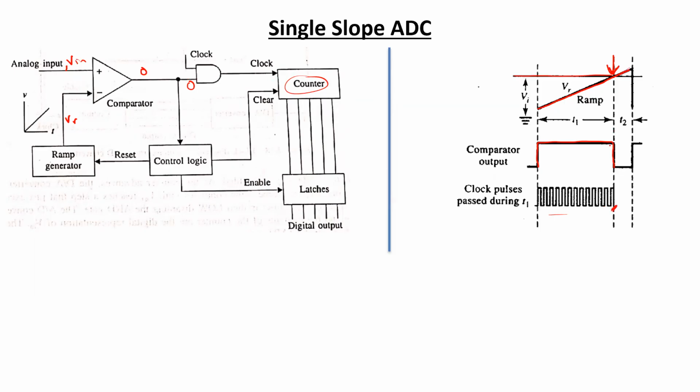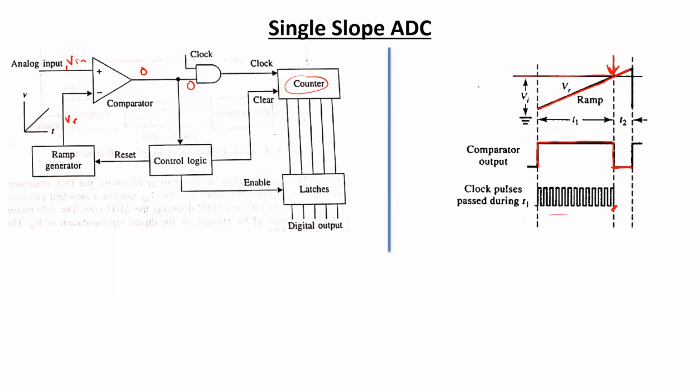So beyond this point, the comparator output has a transition, and the clock pulse is also stopped from being passed to the counter.